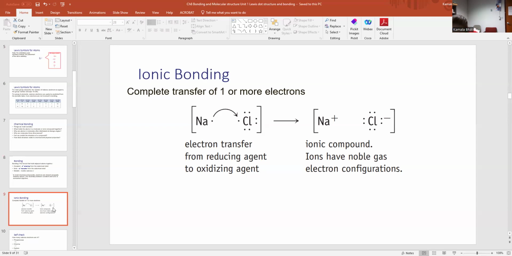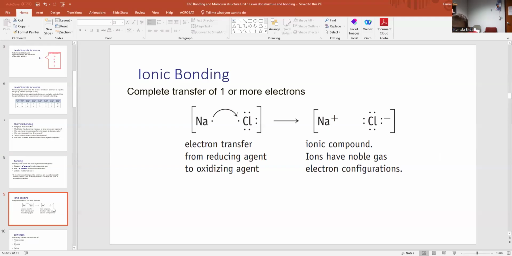Loss of electrons is considered oxidation, and gain of electrons is considered reduction. And so we can describe the oxidizing and reducing agents.